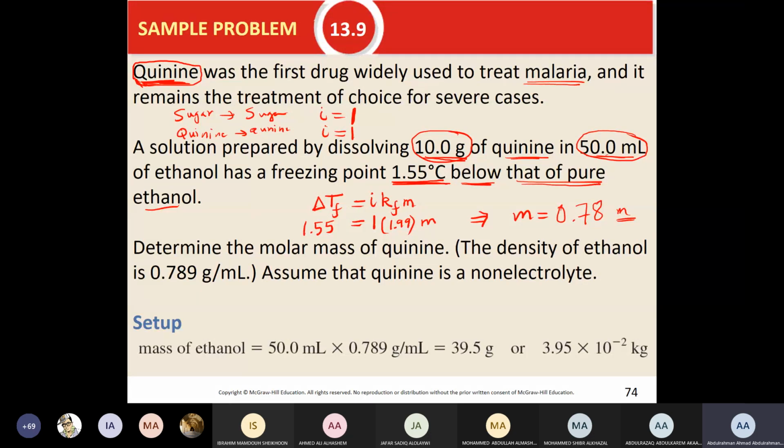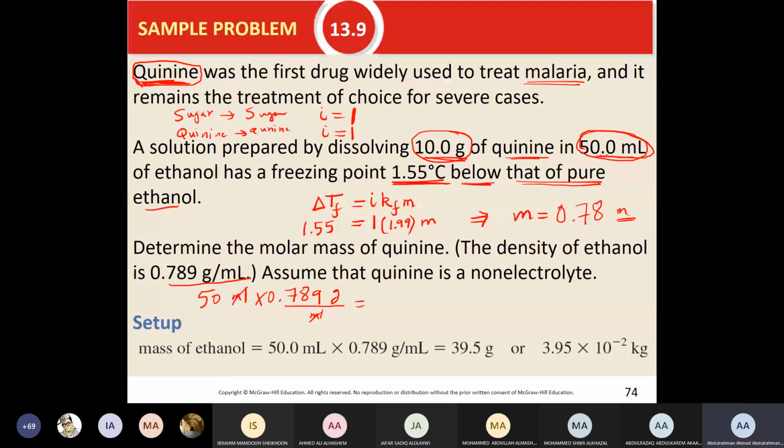We want to change the 50 milliliter into gram. How can you do that? Multiply it by the density, which is 0.789 gram per milliliter. Milliliter will cancel with milliliter, and you have the answer.